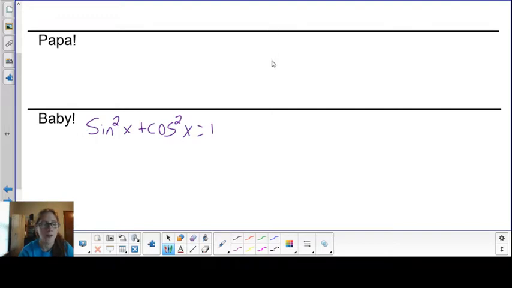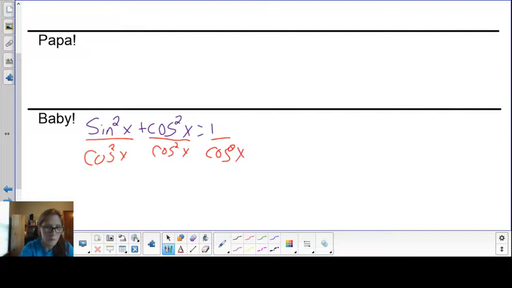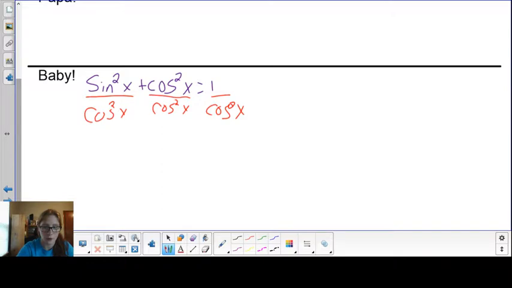Welcome back. Now that my computer unfroze itself, we were talking about baby and about how the baby formula is determined by taking the mama and dividing everything by cosine squared. So I would go back if I could, but I didn't rewrite everything.